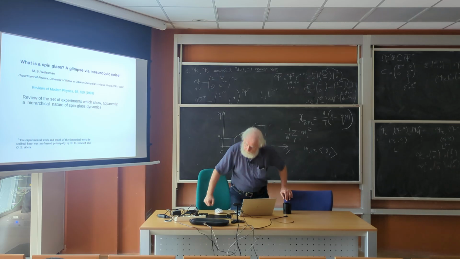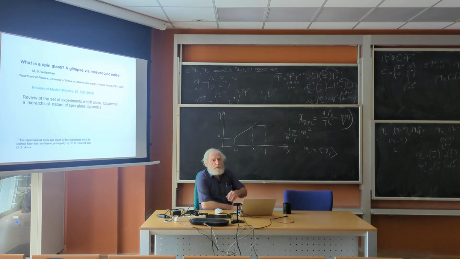Now, the simplest thing is just the usual noise of this magnetization. As I already explained, it is not very useful because it cannot distinguish between two basic theoretical approaches. So what they measured was a noise of the noise.